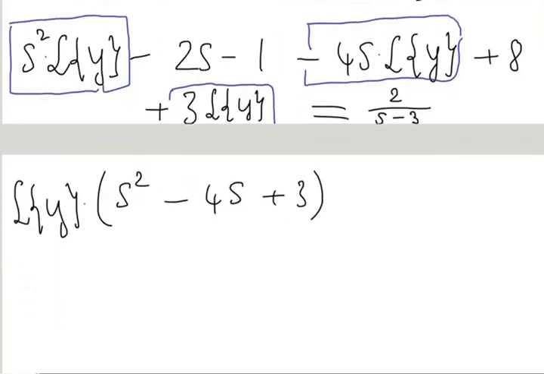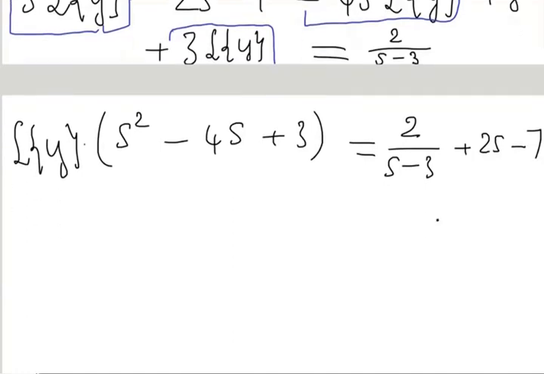And everything else we should put on the right hand side. On the right hand side we have 2 over s minus 3 already. And the minus 2s here becomes plus 2s. And then minus 1 plus 8 is plus 7. But when we move to the other side, it becomes minus 7.